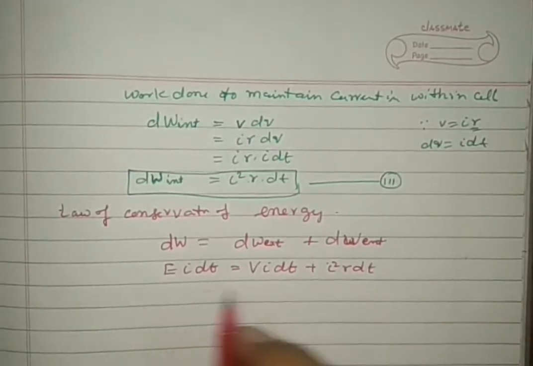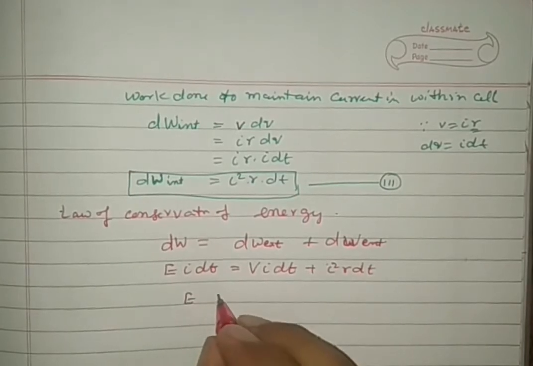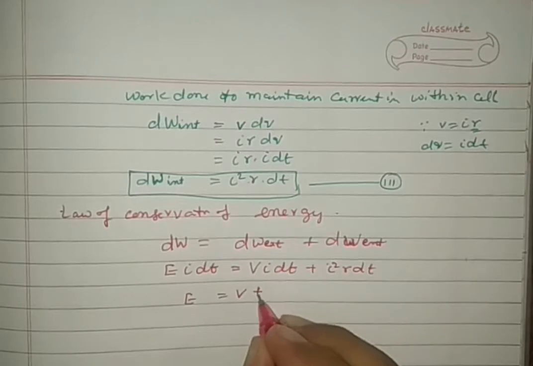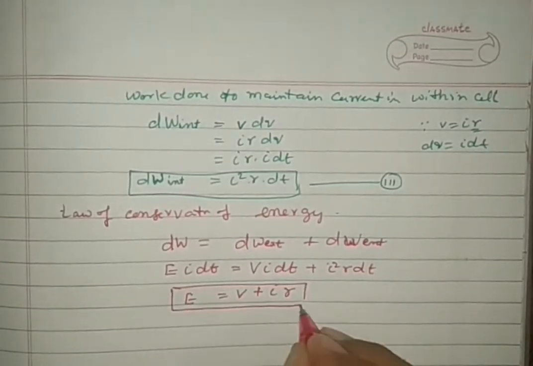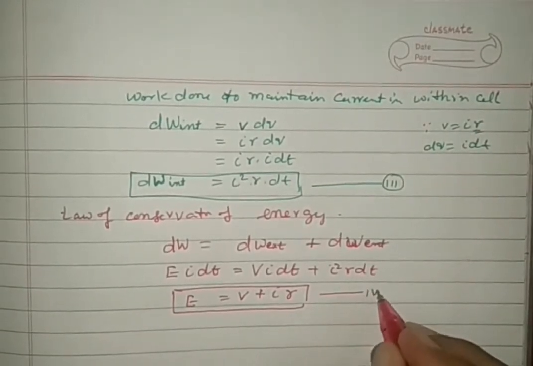Here I dt can be cancelled, then it can be written E is equal to V plus I r. This is equation number 4.